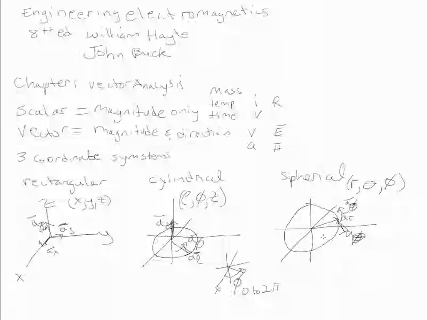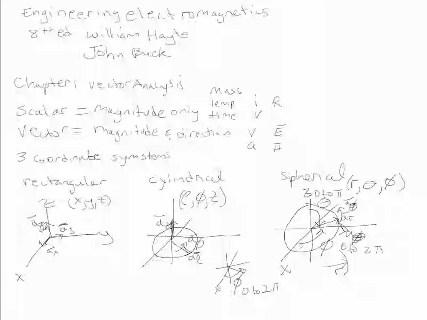In this system, you have r going out to the surface of the sphere. And then you have, again, the phi, which goes from 0 to 2 pi, which is how far r is away from the x-axis. And then you have down here, coming down, you have theta. So theta goes from 0 to pi, and it's from the z-axis.